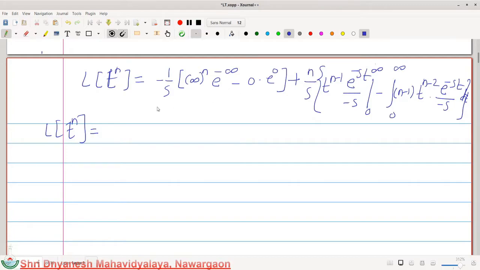Okay, so this first part of this whole expression becomes 0, and what is there? n upon s.